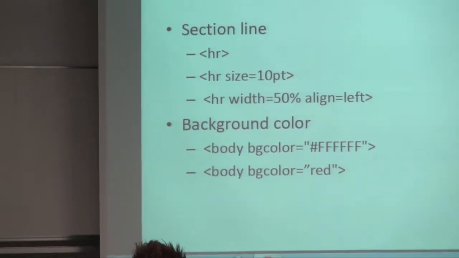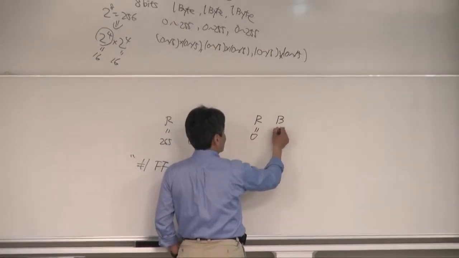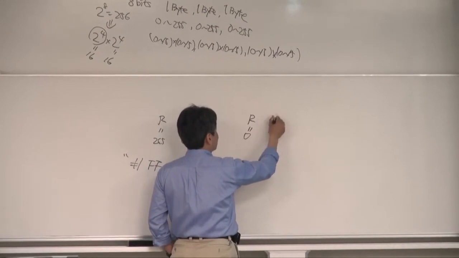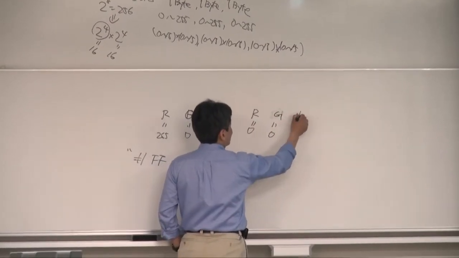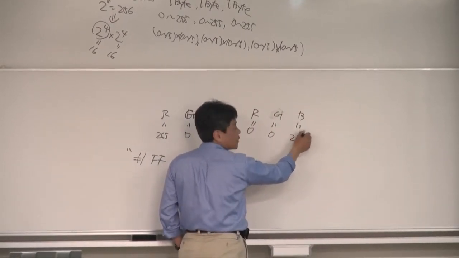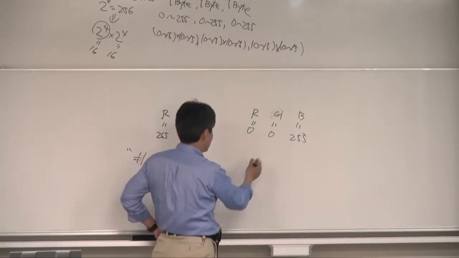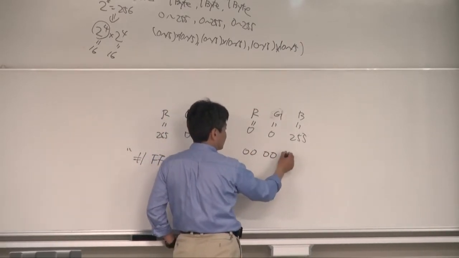If you want to specify blue, R equals 0, green equals 0, and blue equals 255. So in this case, it's 00 00 FF.